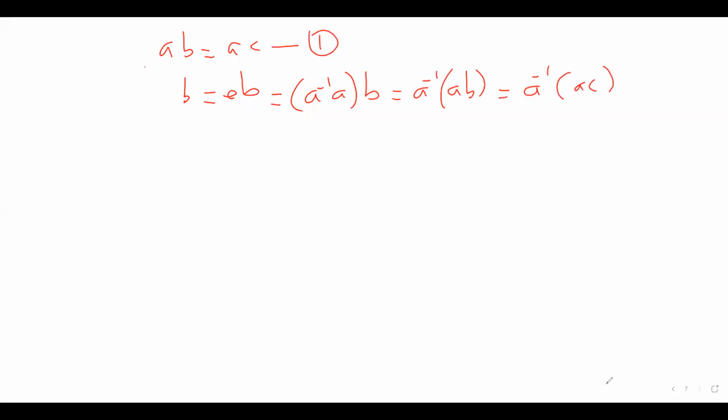And then you can rewrite this again as A inverse A of C. Then we know that A inverse A is the same as E of C, which is nothing but C. So what we said was if we have AB is equal to AC, then it implies that B is equal to C.